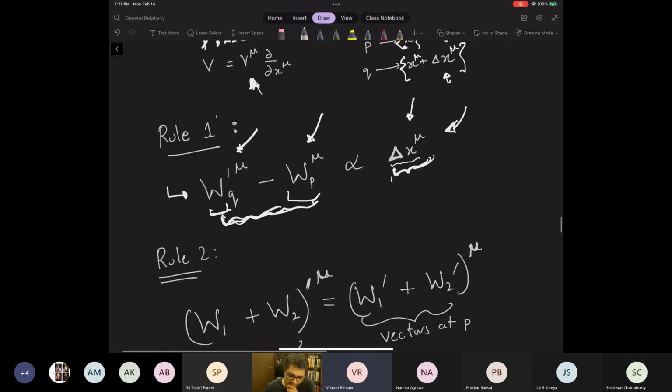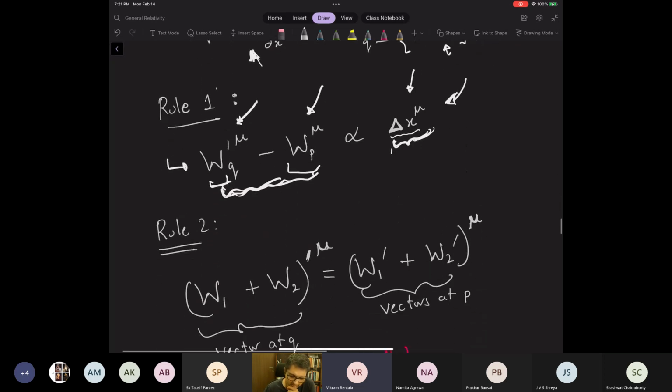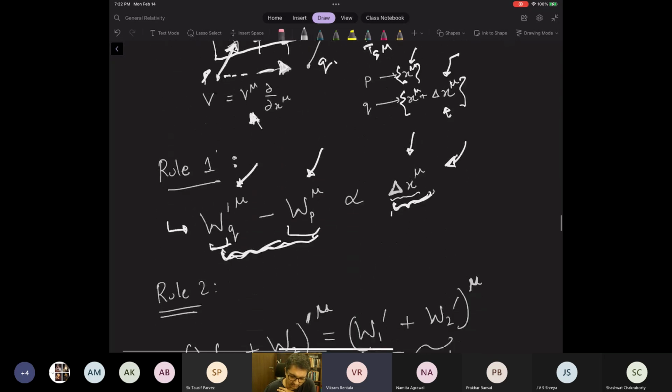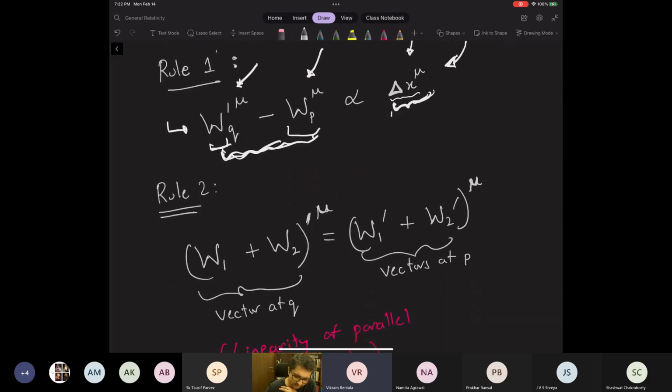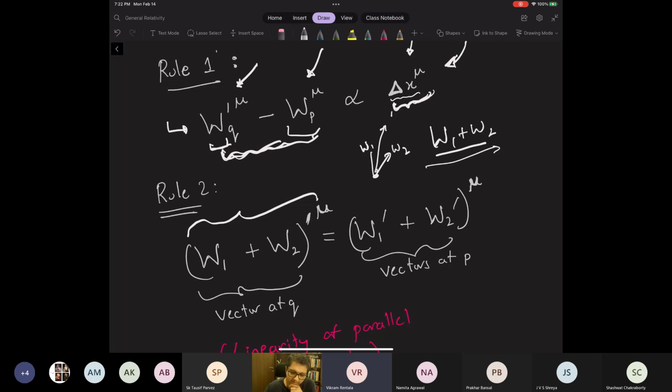The second rule that we demand is that if we have two vectors w1 and w2 at p, and we parallelly transport both of them, or we parallelly transport the sum of them, then the parallel transport of the sum, which we'll denote as w1 plus w2 prime, is some vector.